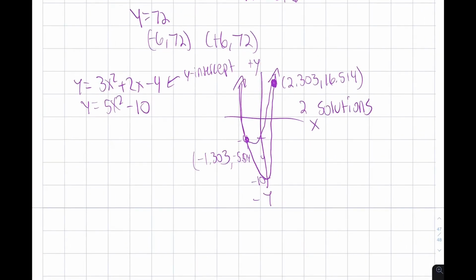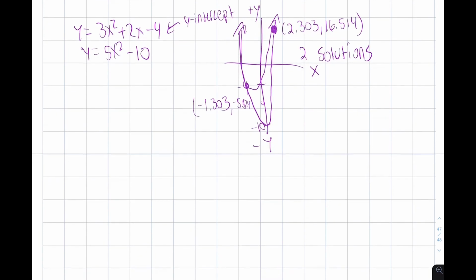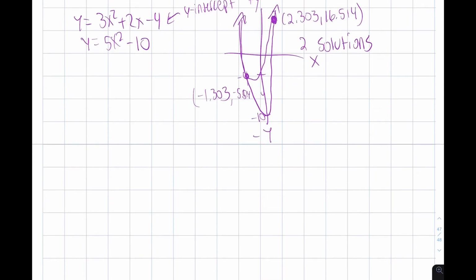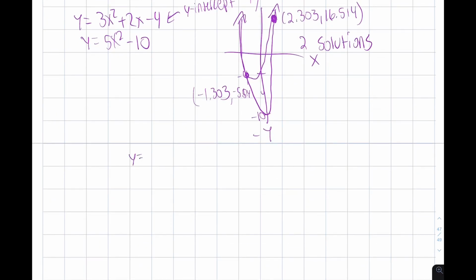If you wanted to solve this using substitution, then once again we would set the two equations equal to each other. Y equals 3x squared plus 2x minus 4 equals 5x squared minus 10. Since 5 is the bigger coefficient, I'm going to move this side to the right.